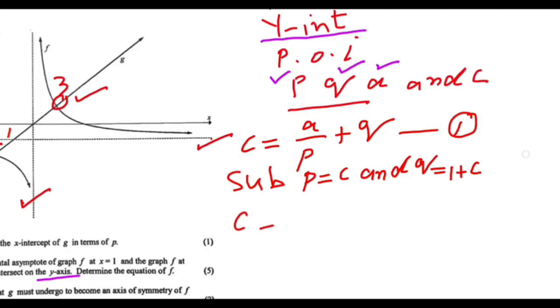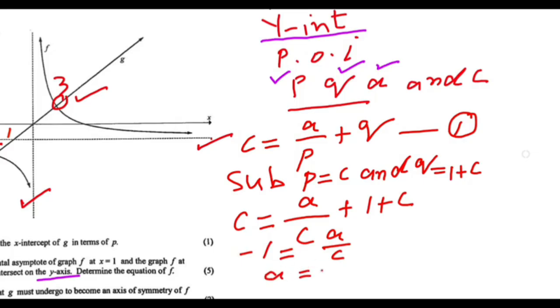So c as is, a we don't know, in place of p it's going to be c, in place of q it's going to be 1 plus c, plus 1 plus c. Now I'm going to solve for a: a over c. This positive c switched over to this side becomes negative c, positive c and negative c is 0, and positive 1 switched over to this side becomes negative 1. Now cross multiply, a is going to be equal to negative c. So we got the a as well.